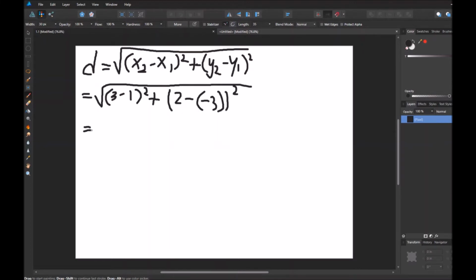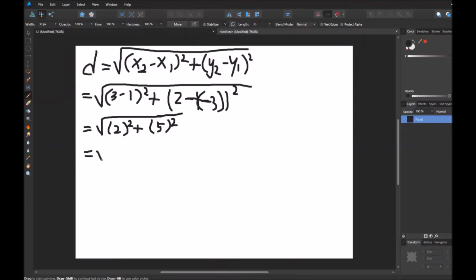So 3 minus 1 is 2, so 2 squared, plus 2 minus a -3 is the same thing as 2 plus 3. So that's going to be 5 squared.